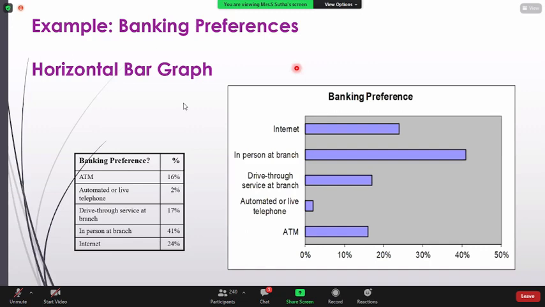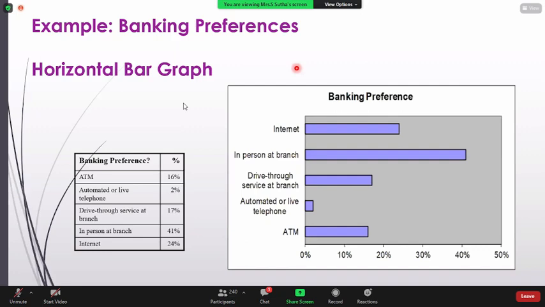Then the bank manager, executive officers, or chairman will decide whether to drop automated or live telephone and give more improvement to in-person at branch or internet, right?